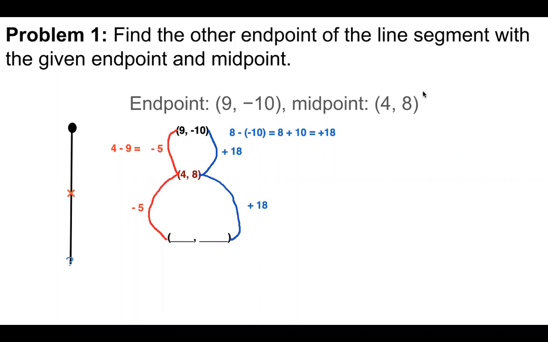So from the left side in that red, we have 4 minus 5, which is going to give us -1. Now on the right, we have 8 plus 18, which is going to give us 26. So I can say the missing endpoint is -1, 26.